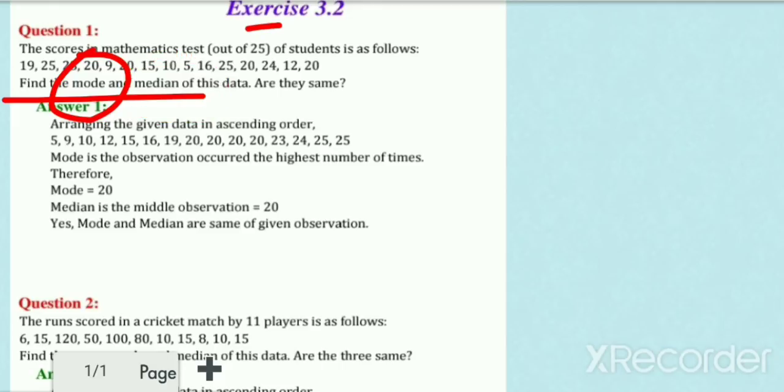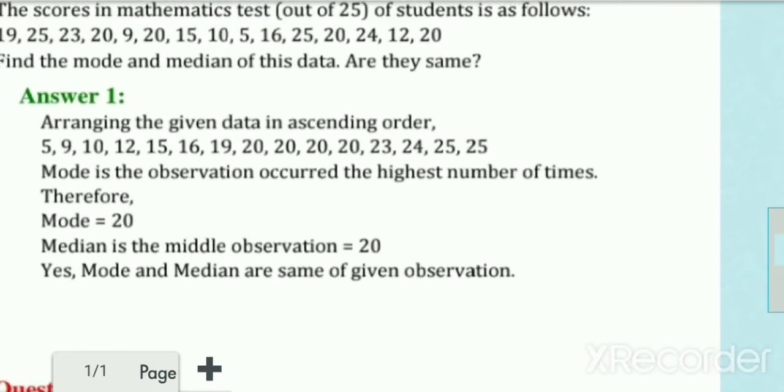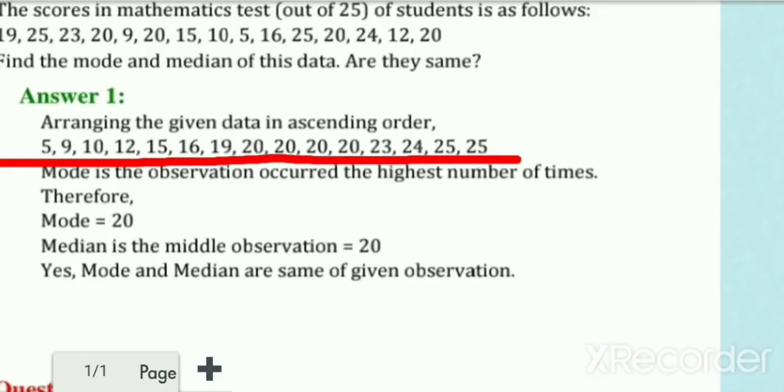Now firstly we arrange the data in ascending order. Ascending means smallest to highest. This is our ascending order. Therefore we have to find the mode. We see that 20 comes 4 times, so 20 has come the most times.